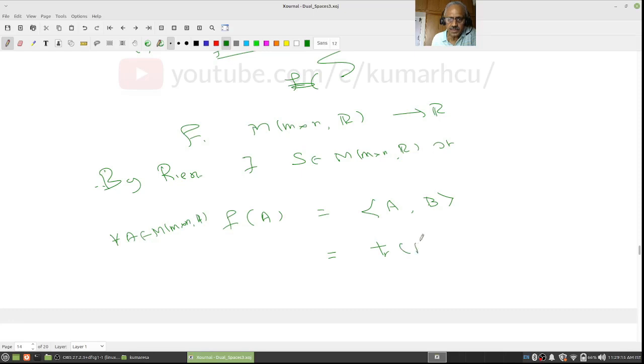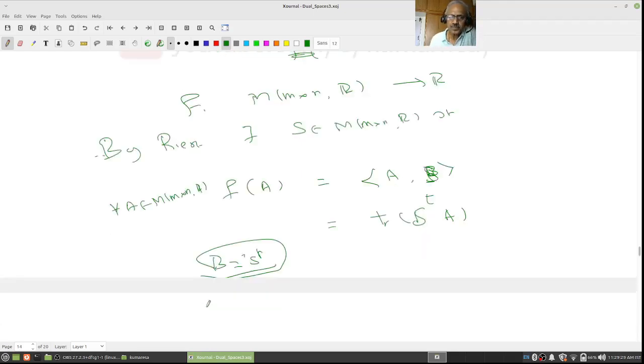This is the trace of S transpose A. Therefore, I know my B is nothing other than S transpose. Are you following? There exists an S with this property and there is a unique S. But I already found out this is nothing other than trace of BA. Therefore, by uniqueness, it follows that my B must be S transpose, that is, my S must be B transpose.